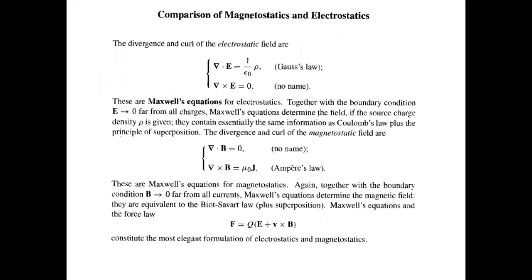If we compare magnetostatics and electrostatics, we have Gauss's law and the curl of E equal to 0, which we get from electrostatics. If you haven't studied electrostatics yet, it's a good time to go back and refresh it, read it.